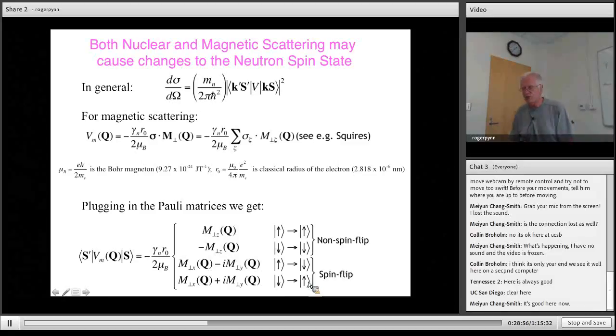So what you can see is that depending upon which component of the magnetization you're talking about in a system, whether it's the component parallel to Z (and Z, remember, is going to be defined by a magnetic field), so whether you're talking about a magnetization component of this M perpendicular, which is parallel to some applied magnetic field or perpendicular to it, you will have different behaviors of the neutron spin when it's scattered.